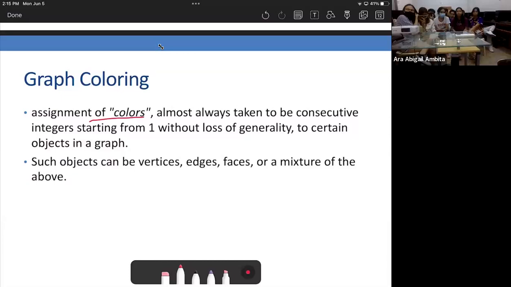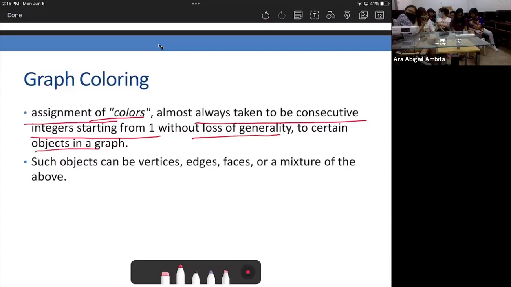So your scores will depend on the effort you give in reading. Anyway, graph coloring is the assignment of colors, and it's almost always taken to be consecutive integers starting from 1 without loss of generality, to certain objects in a graph.